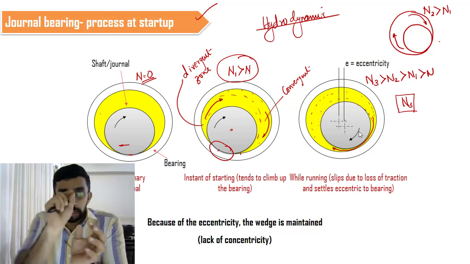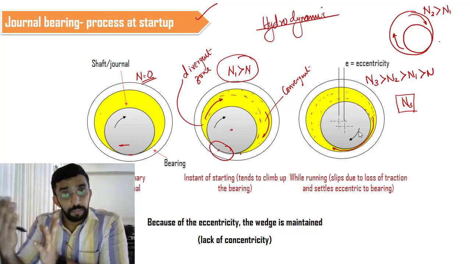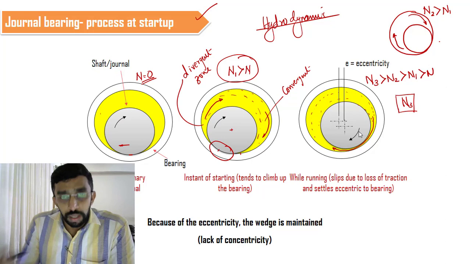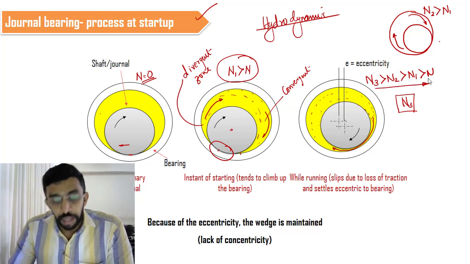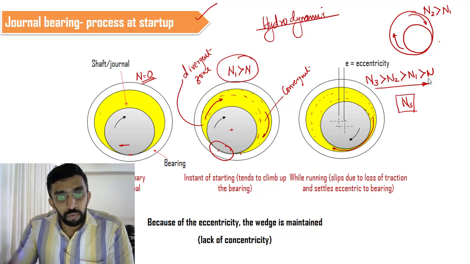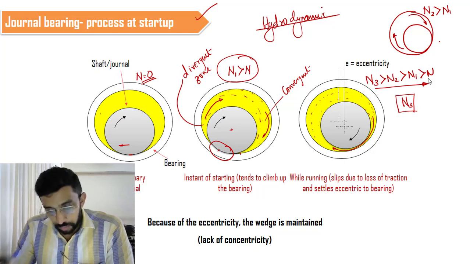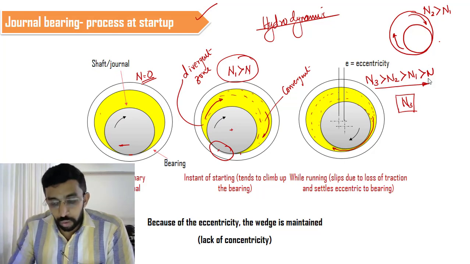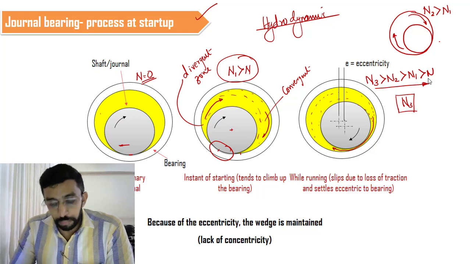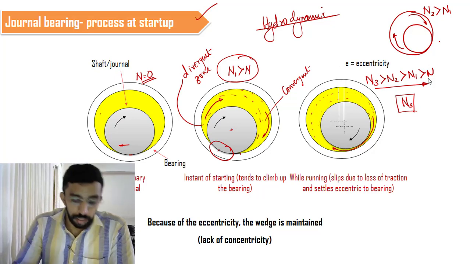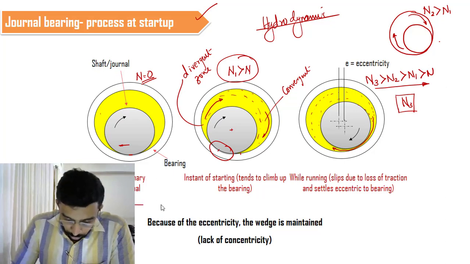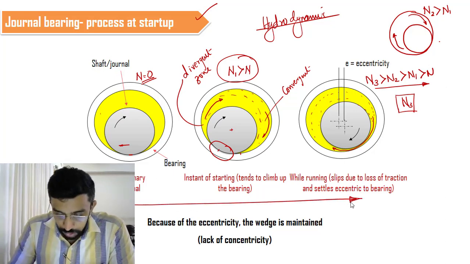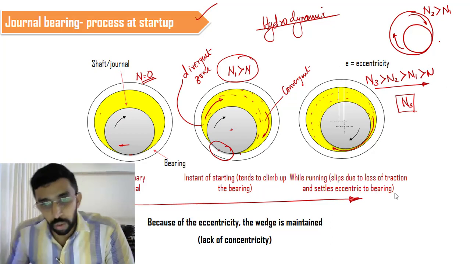The same tuck tuck sound will develop when we switch off the machine also, because when we switch off, the speed is going to decrease from n3 towards n, and thereby the force possessed by the fluid decreases, so it will lose its capacity to hold this shaft, and finally there will be metal to metal contact, and finally it comes to rest. So if we travel from this side to this side, this is the starting condition, and reverse is the stopping condition.